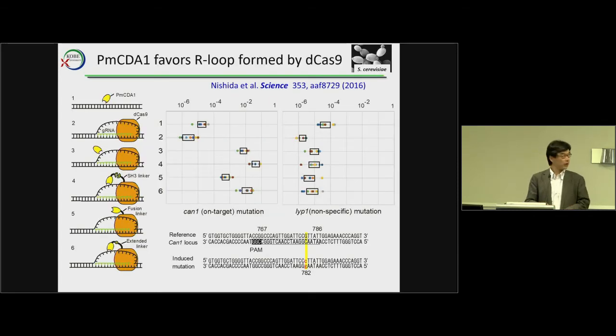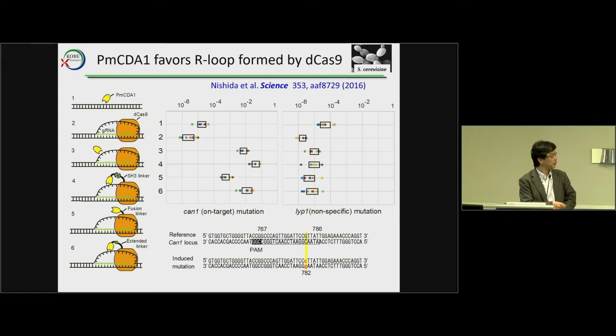First of all, we tried to construct the most suitable base editing system. So we compared a variety of configurations. Here we look at 1, 2, 6, and this is standardized mutation ability, this is on-target, and this is the non-specific part.